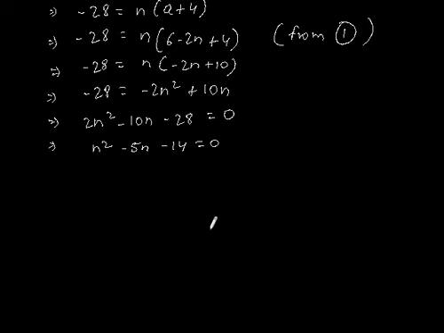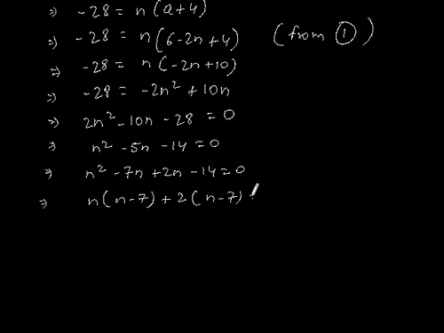Now splitting the middle term, we will get n square minus 7n plus 2n minus 14 is equal to 0, which implies n into n minus 7 plus 2 into n minus 7 is equal to 0, which gives n minus 7 into n plus 2 is equal to 0.